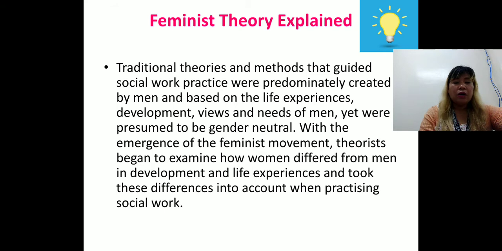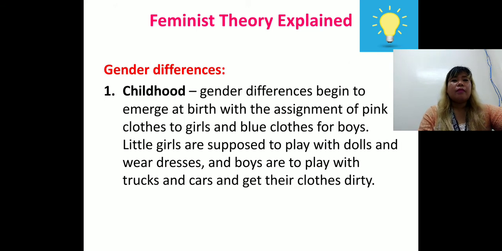One example that I can give is the theory of Karen Horney. She is actually considered one of the pioneers of having a theory that has the concept of feminism. There are actually gender differences in different categories based on our life stages.